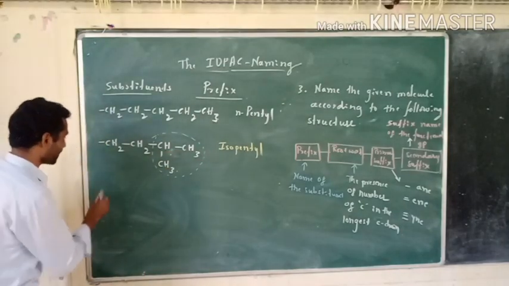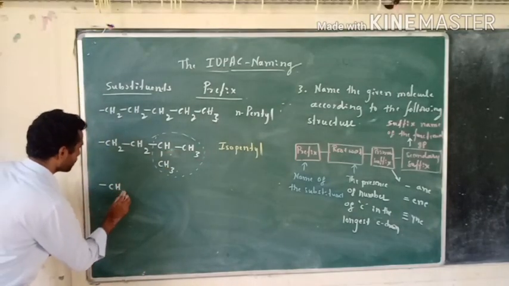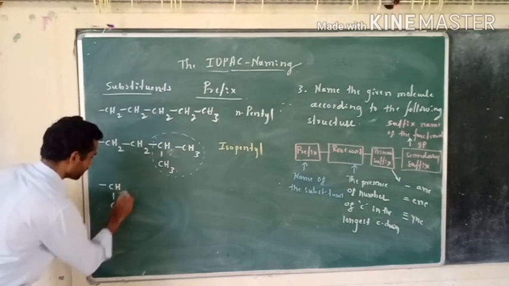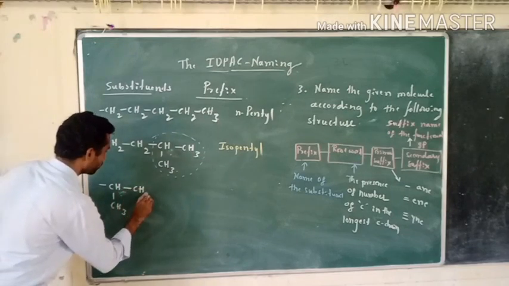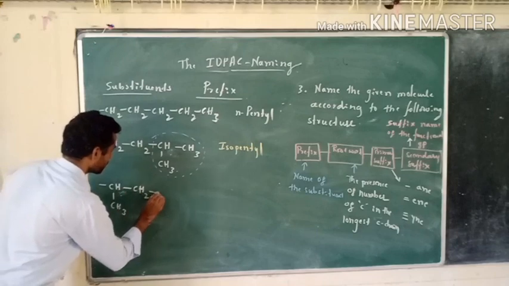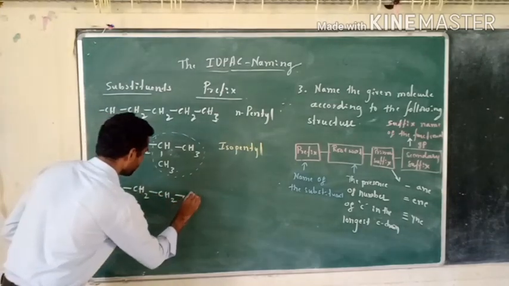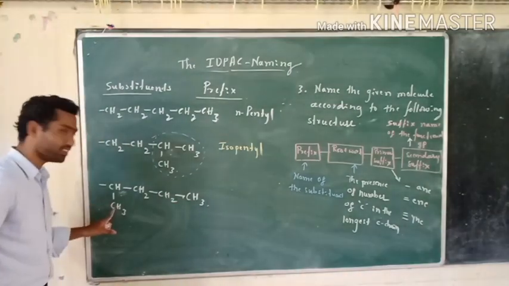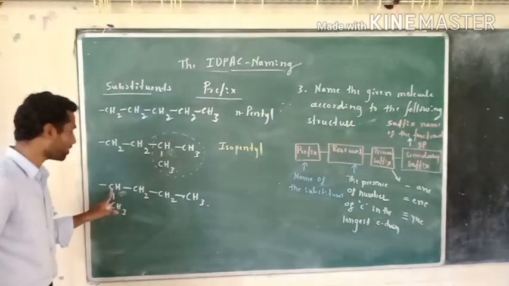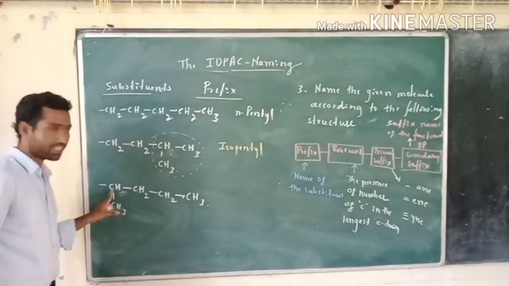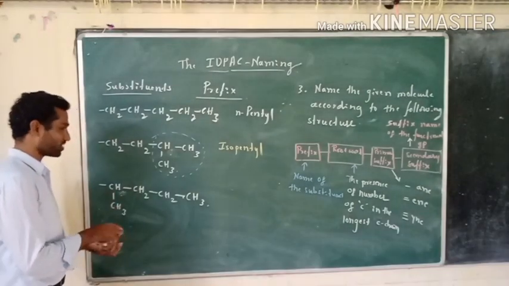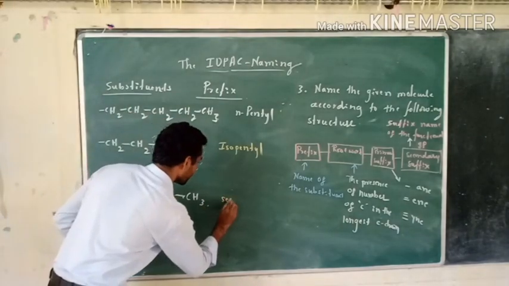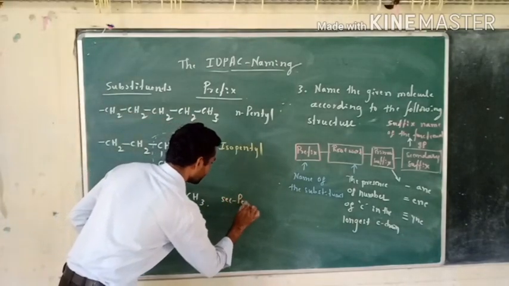If the molecule is like this, CH2, CH, CH3, CH2, CH2, CH3. 5 carbons, but this methyl group is attached to what? First carbon, secondary carbon. Therefore, the name of this molecule is similar to that of butyl groups, right? So, secondary pentyl.